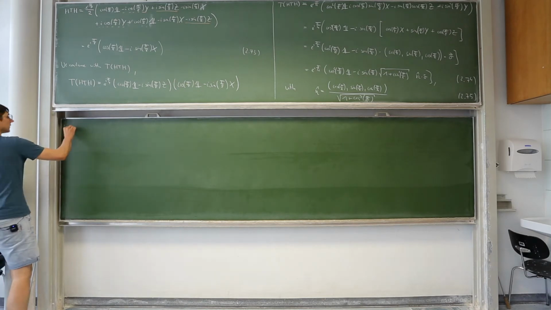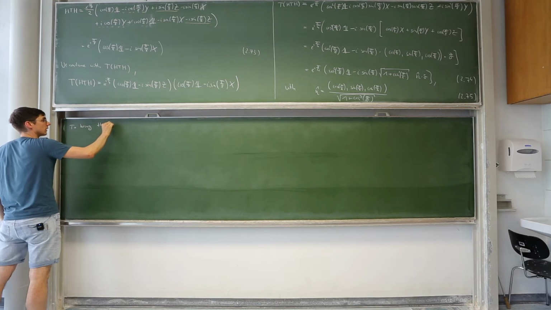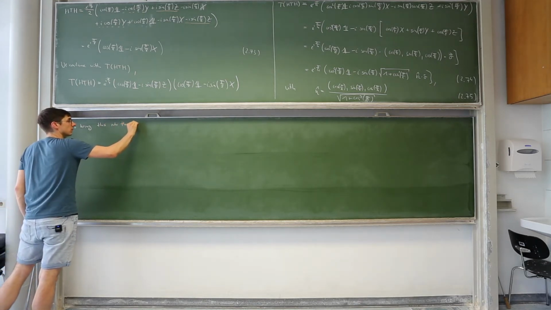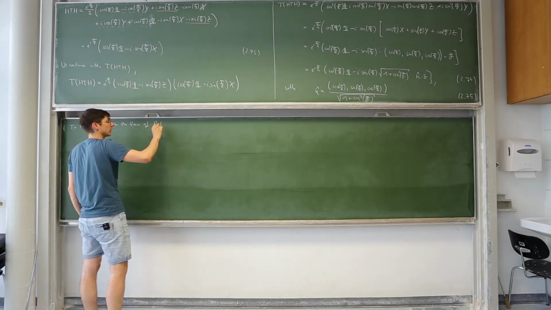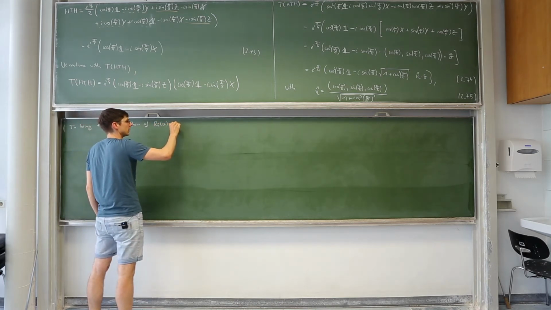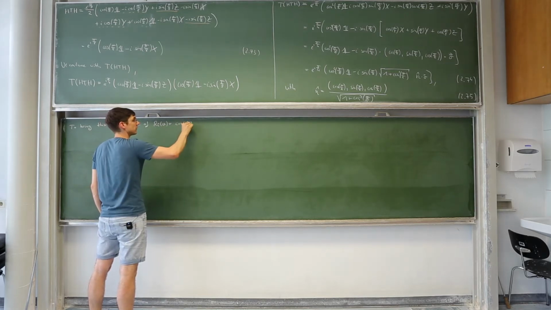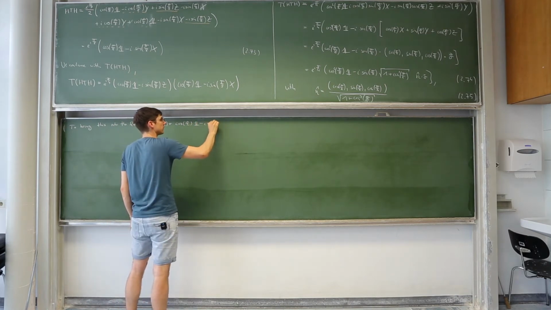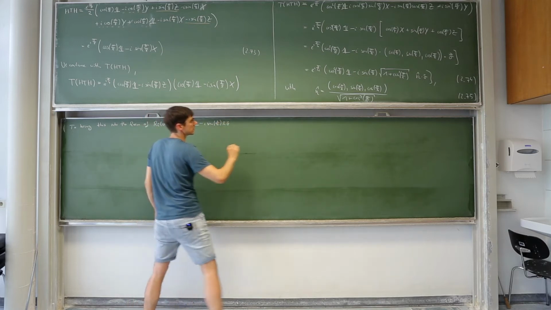So to bring this into the form of the rotation matrix R n theta, which is equal to cosinus of theta half times identity minus I sinus of theta half times n sigma. So this is the form that we want to get.